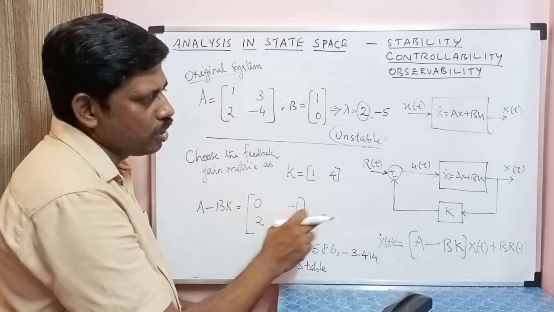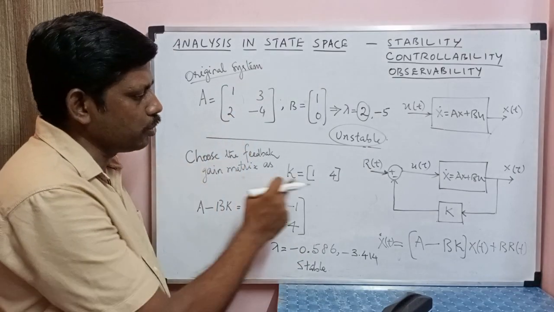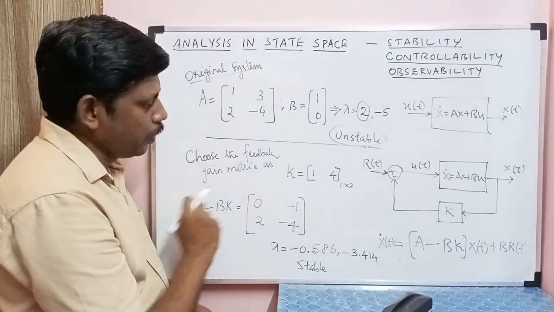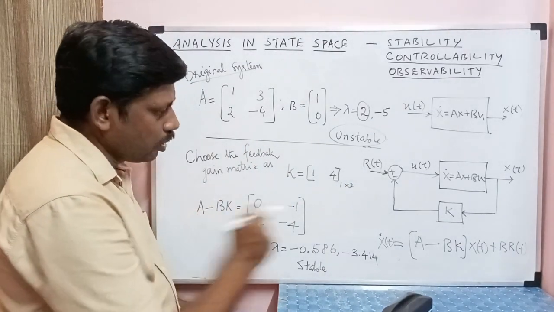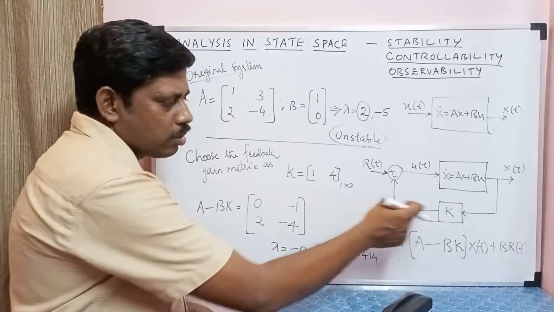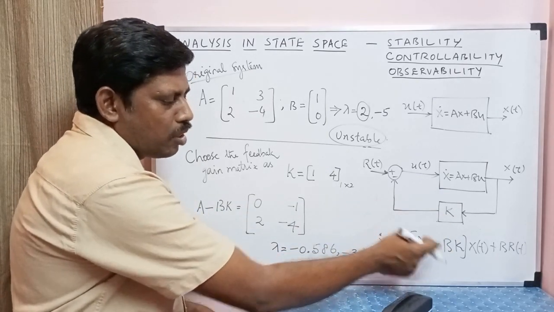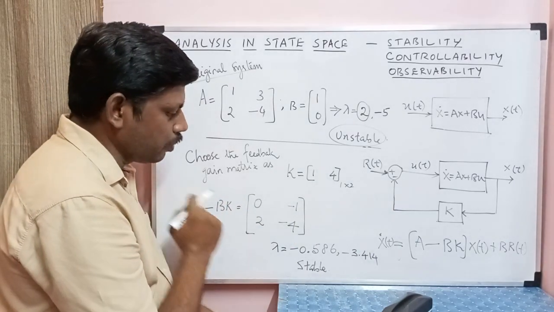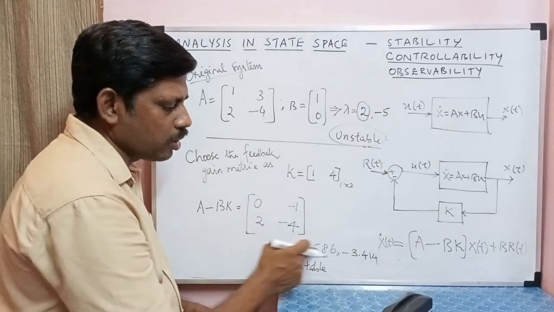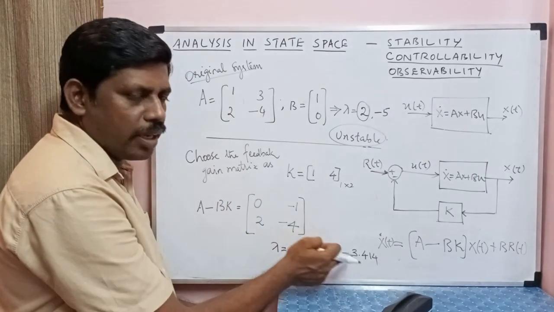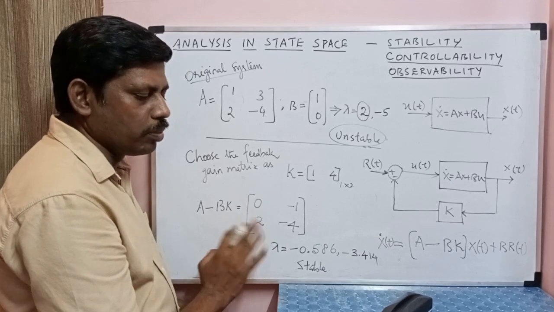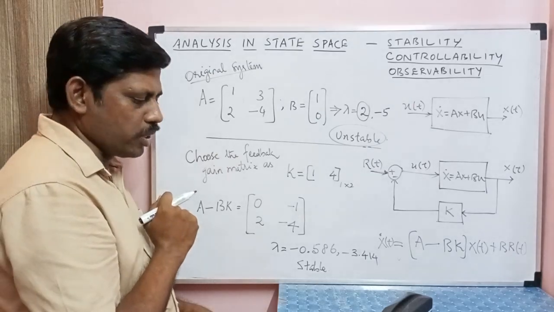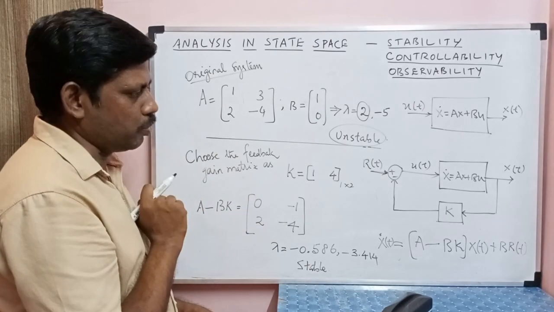R is the number of inputs, and since the number of states is 2, the K matrix will have the order of 1 cross 2. With this K matrix, the new state matrix for the system is A minus BK. If I calculate A minus BK, this is what I will get. For this state matrix, if I take the eigenvalues, both eigenvalues are negative. Obviously, since both eigenvalues fall on the left side of the complex plane, the system is going to be stable.